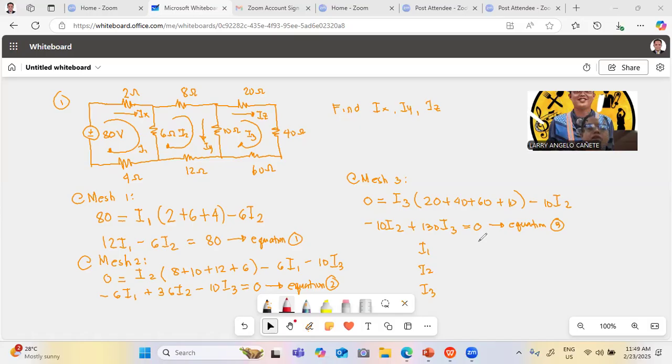Okay. So correct me if I'm wrong, ha? The I1 is 9355 over 1257. I'm going to check first, ha, before I finalize. Review ko muna. 12, negative 6, 0, 80, negative 6, 36, negative 10, 0, 0, negative 10, 130, 0.